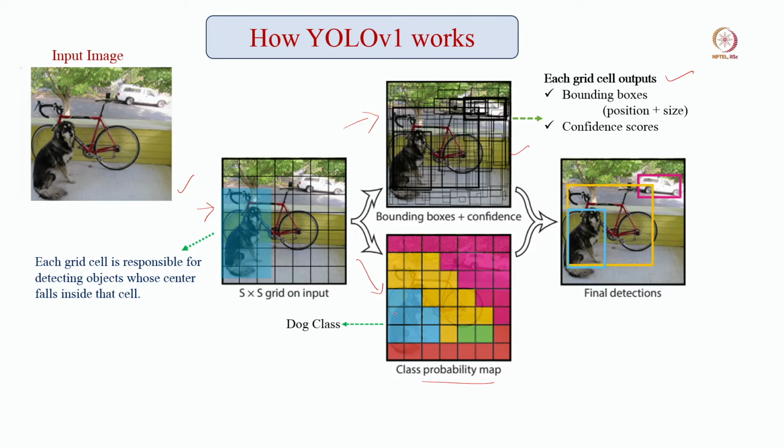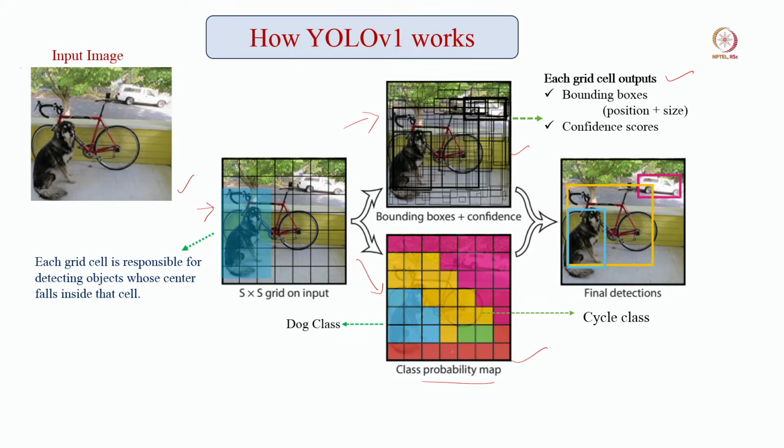The grids having the blue color belong to the dog class, and yellow colored grids belong to the cycle class. So, this basically gives you a class probability map. It maps which classes are present inside the image.